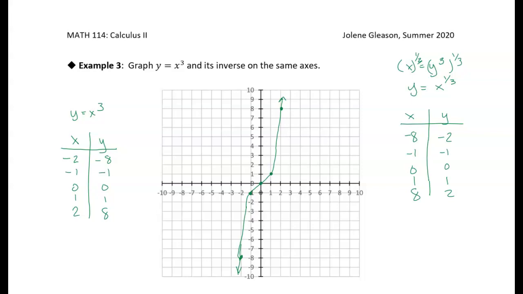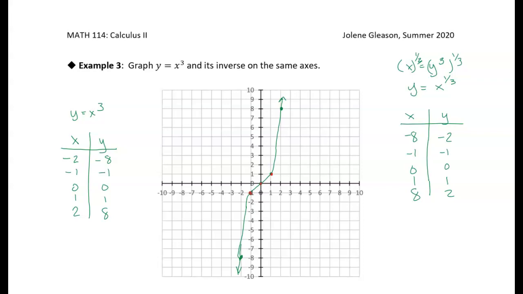Now I'm going to change colors so you can distinguish these two graphs apart. These points remain the same: the 0, 0, 1, 1, and -1, -1 stay the same.